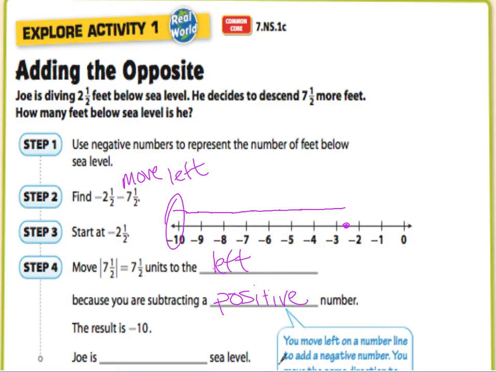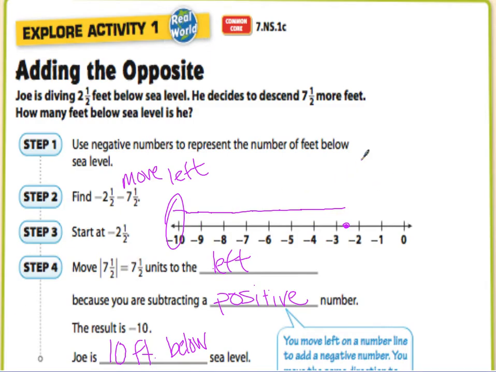All right, so Joe is 10 feet below. Again, remember that as long as what the problem is telling you to do is mirroring what the original says, you're fine.